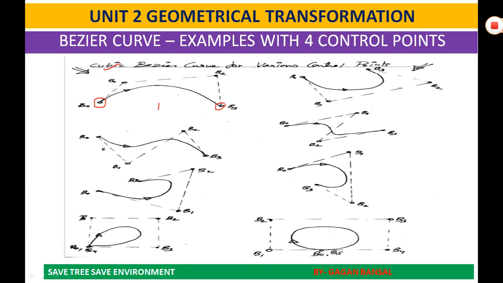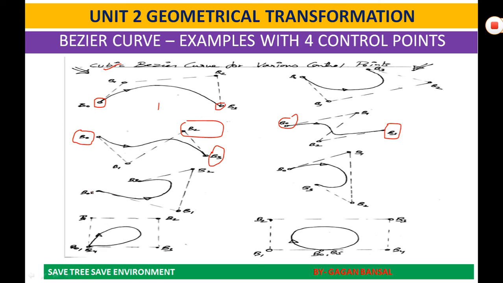Similarly, say this is B0, B1, then B2, B3. As the Bezier curve passes through the first and last points, it will pass through B0 and B3, and the curve becomes like this. There are other examples where the first and last points are shown, and different smooth positionings of cubic Bezier curves are shown.